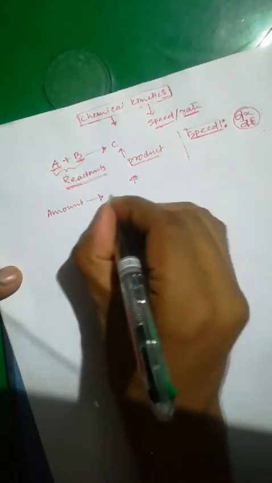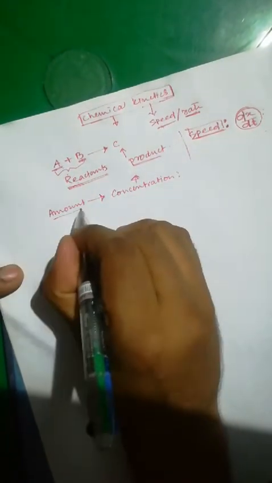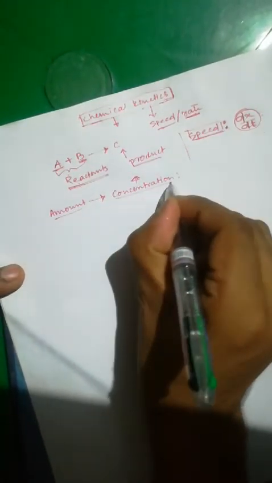Now in chemistry, the term amount is not a suitable term for a chemical reaction. In place of amount, we will say concentration.